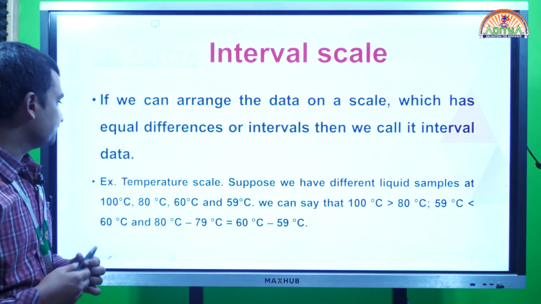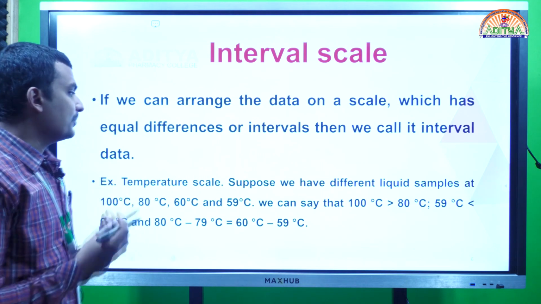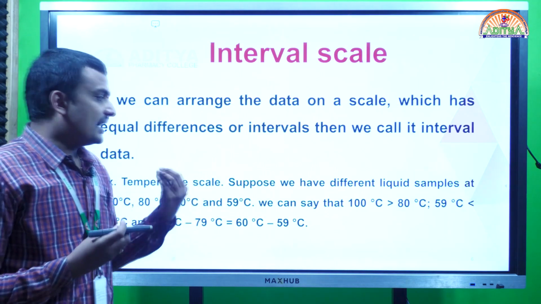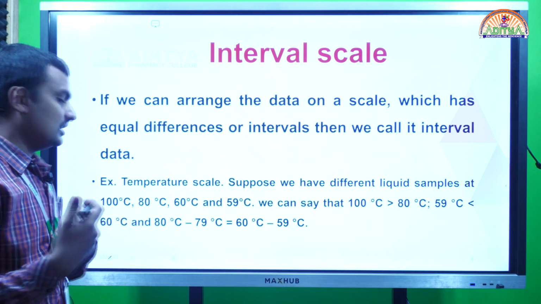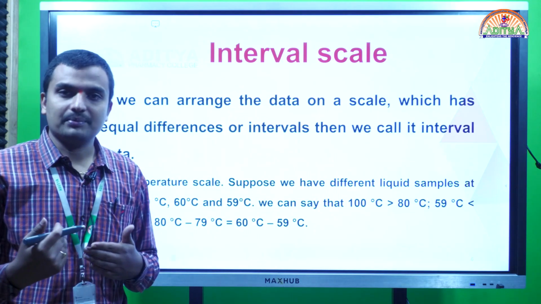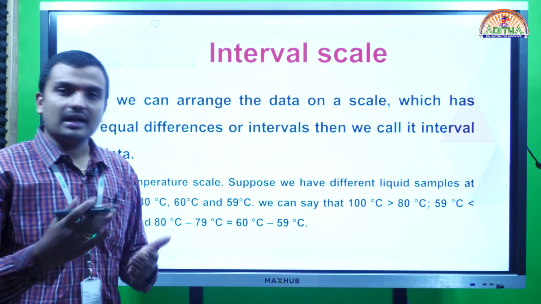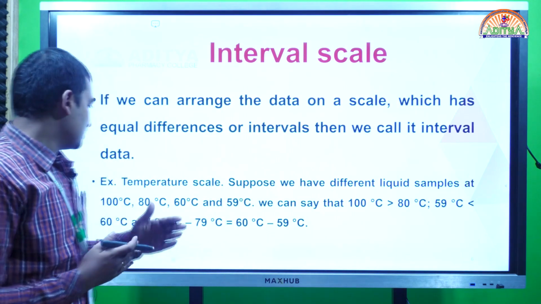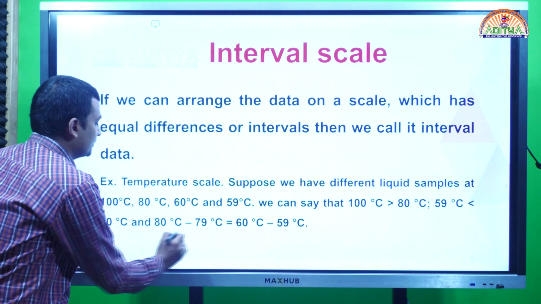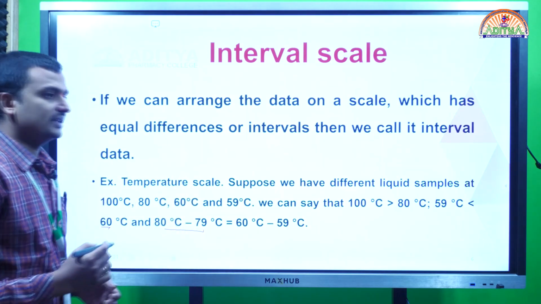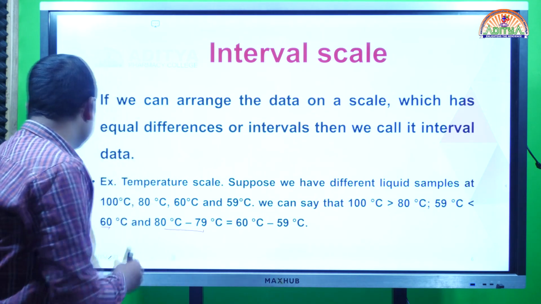For example, the temperature scale: 100 degrees Celsius is greater than 80, and likewise 59 degrees Celsius is less than 60 degrees Celsius. This range of temperature is an interval scale.